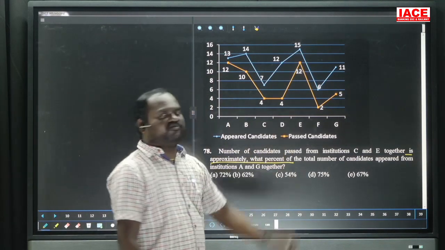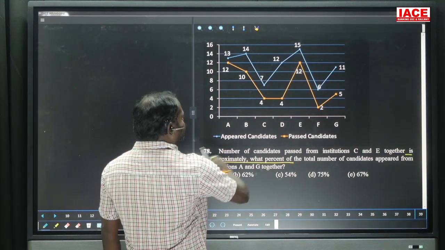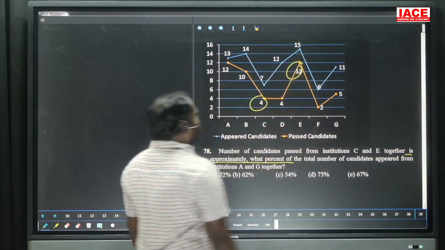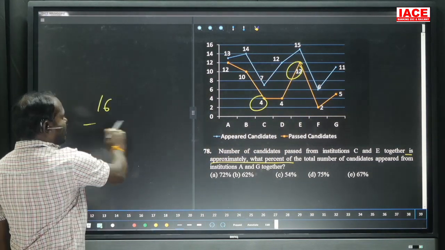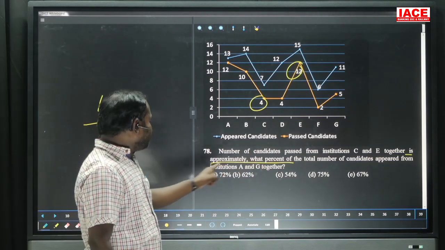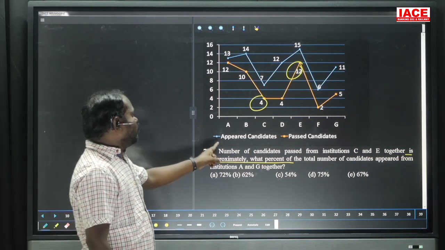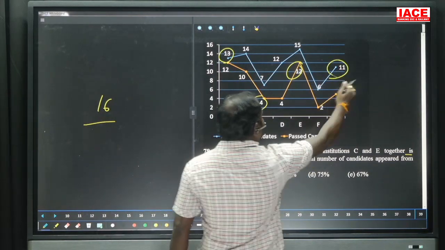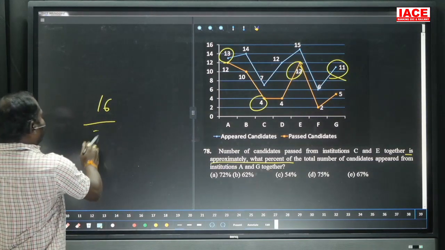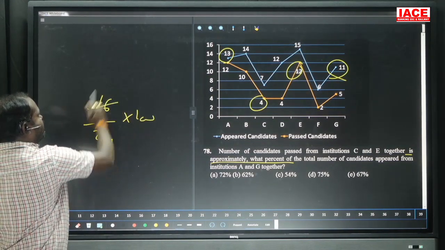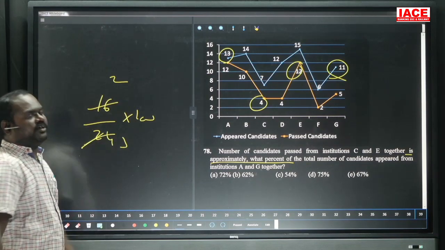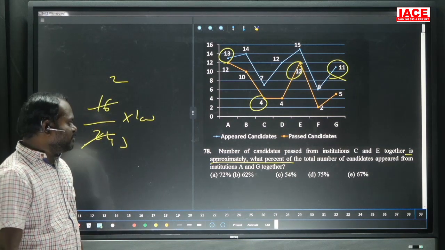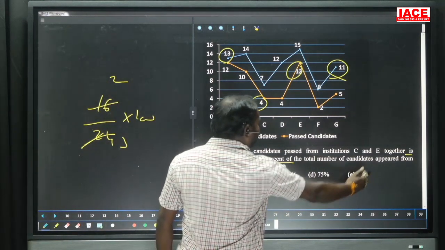Candidates passed from C and E, the orange ones: C is 4, E is 12, 4 plus 12 is 16, divided by the total number of candidates appeared from A and G, the blue color: A and G, 13 plus 11 is 24. 16 by 24 is nothing but 2 thirds. 1 third is 33.33, so 2 thirds means 66.66, which is approximately 67.